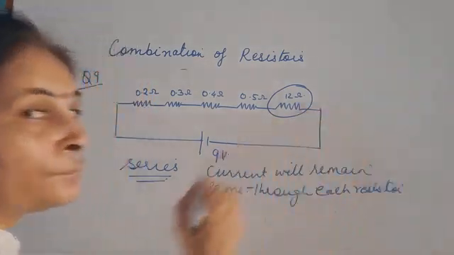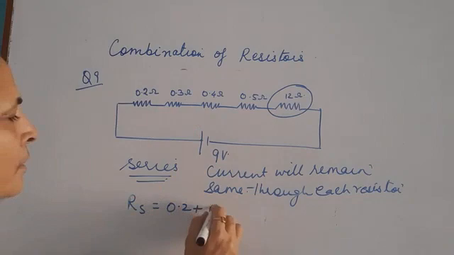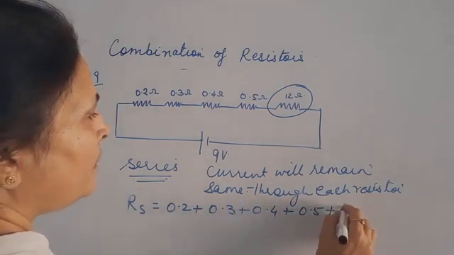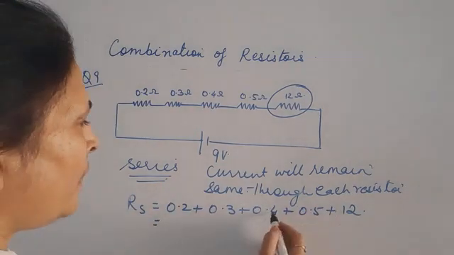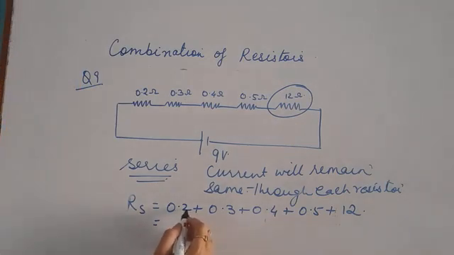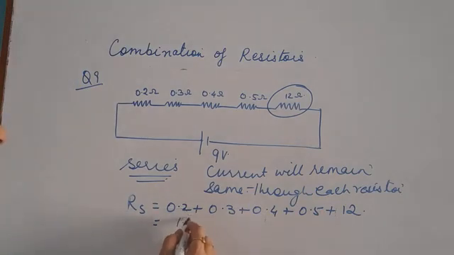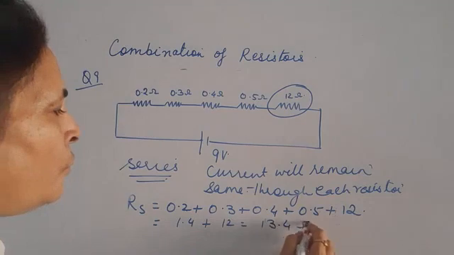Now you know the equivalent resistance, RS. RS will be 0.2 plus 0.3 plus 0.4 plus 0.5 plus 12. This gives 5 and 4 is 9, and 3 is 12, so 1.2 and 0.2, 1.4 plus 12. This is going to give me 13.4 ohm.